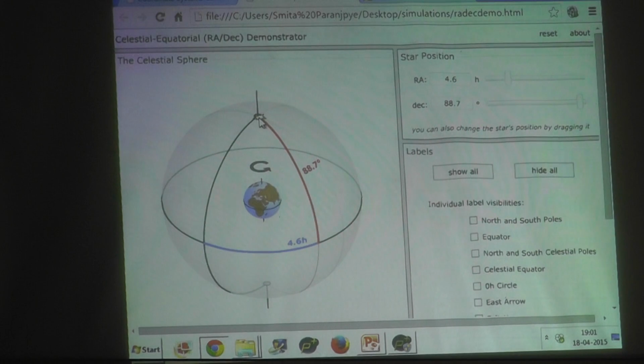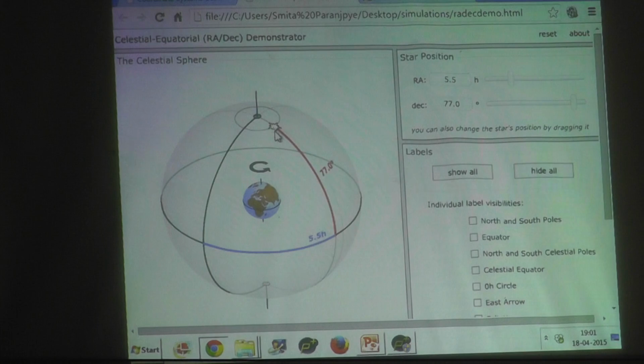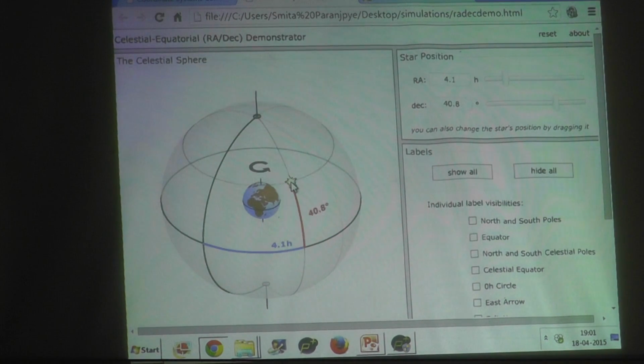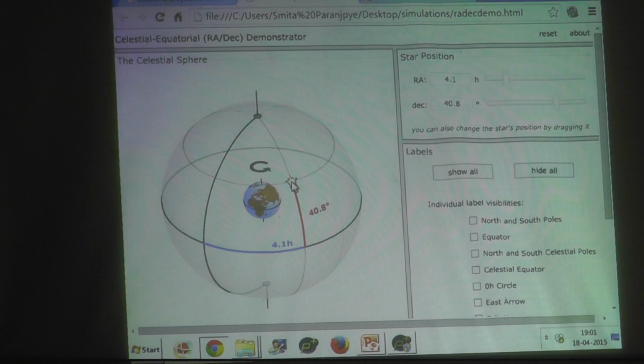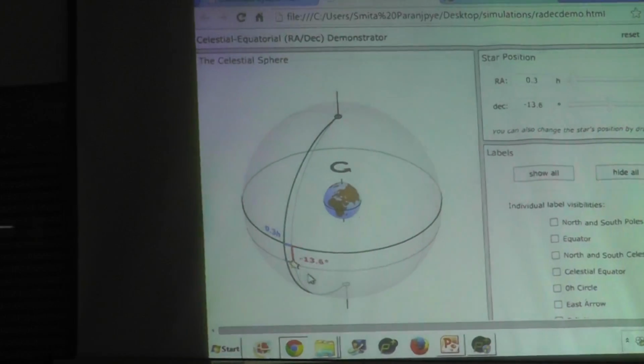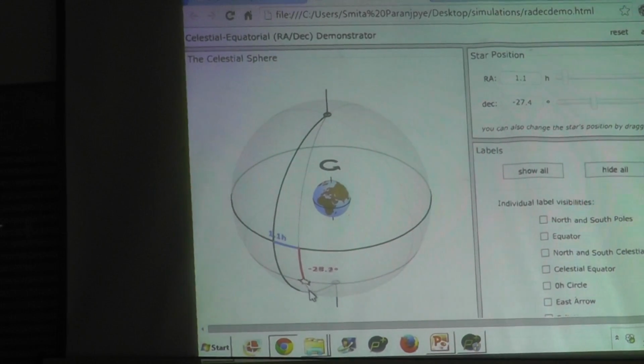If you remember those arcs which we saw, at the celestial pole, as we moved away, the circles started increasing in radius. So you can see that as my declination decreases, moving towards 0 degrees, the circle it traces around the North Pole also increases. A similar situation also happens in the southern hemisphere.